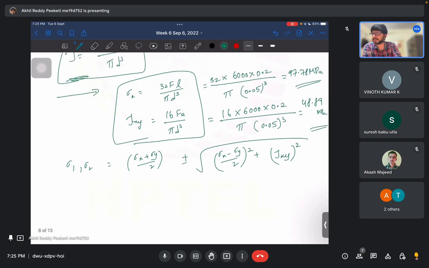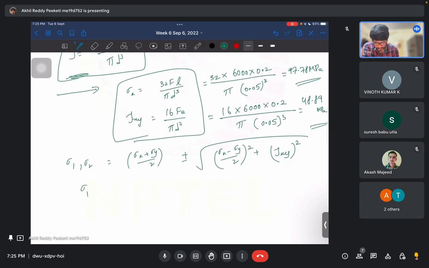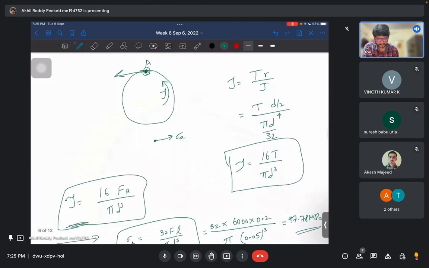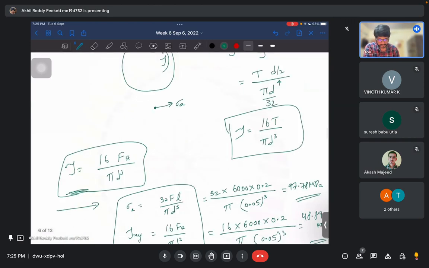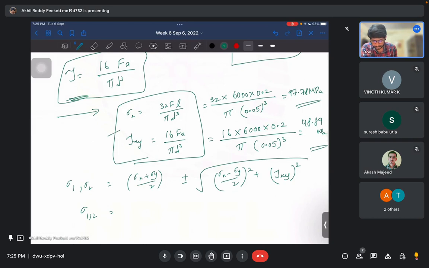So now in this case, sigma 1, sigma 2 is sigma x plus sigma y, where sigma y is the axial stress. There is no actual stress in the y direction, right? There are no forces in y, so sigma y is actually 0.